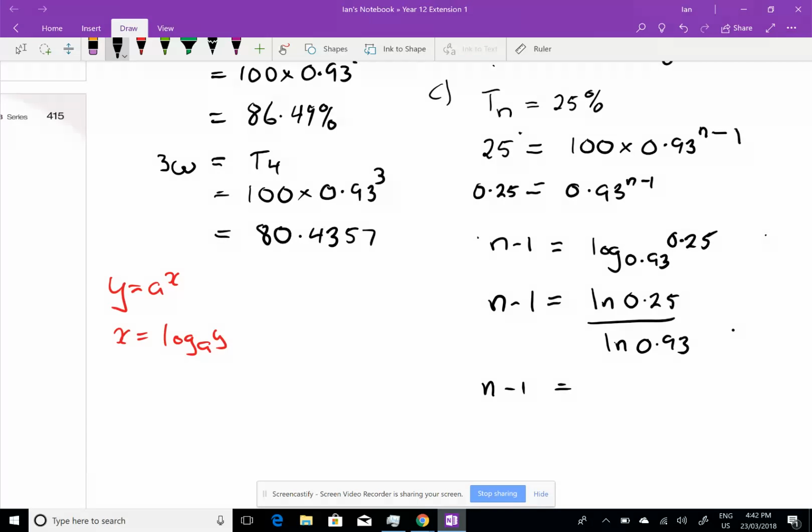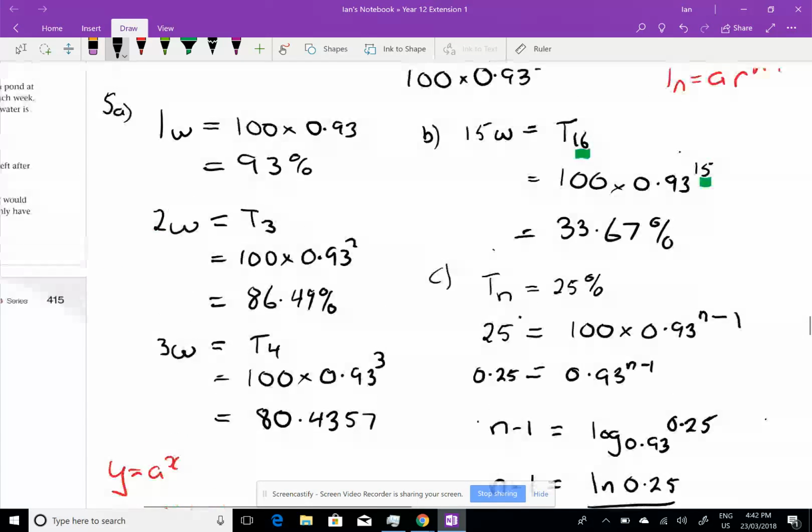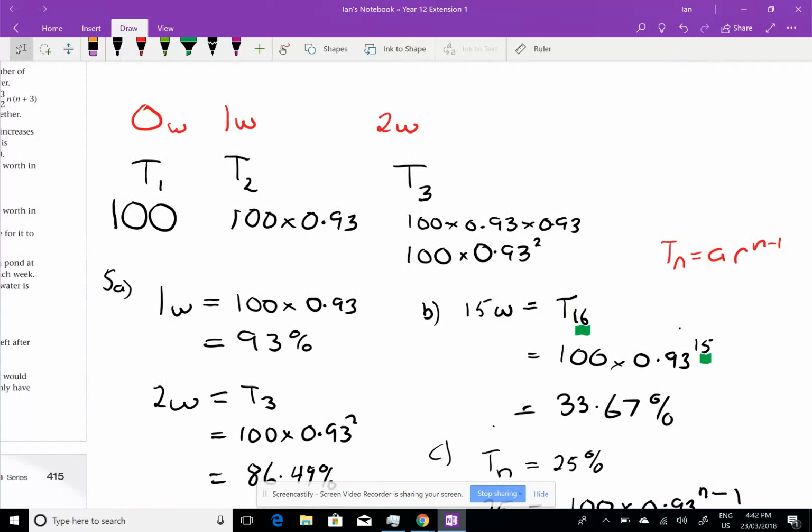So ln of 0.25 divided by ln of 0.93 gives me 19.1. Now I add that 1 over, so n equals 20.1. But I've got to remember from up here that 20 will be the 19th week, because the week is one behind the term.